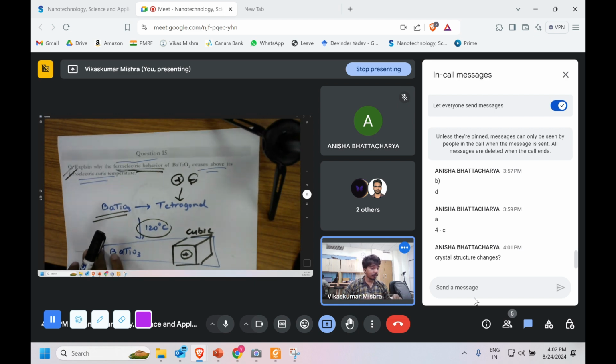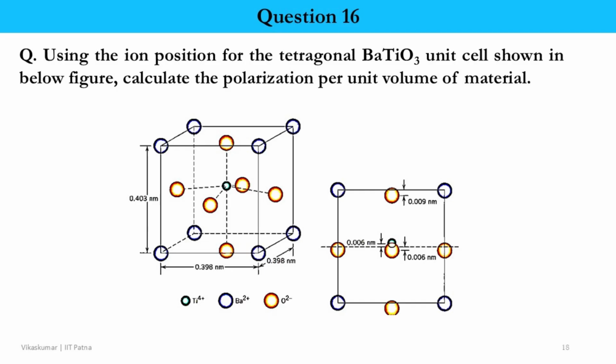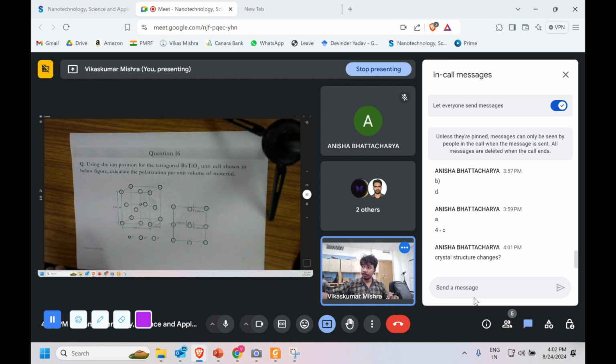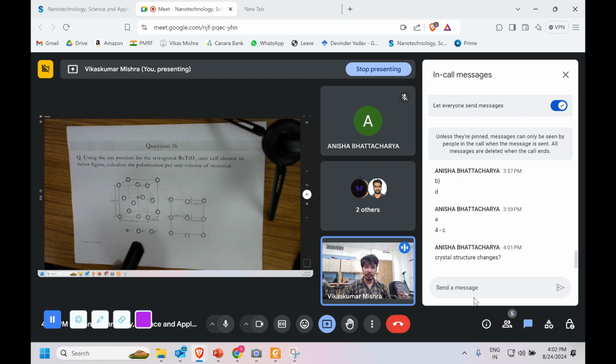Okay, so the numerical is something of this sort. Since we were discussing a lot of things about BaTiO3, I thought let's solve one easy numerical which can enhance our understanding of the concept of ferroelectricity.